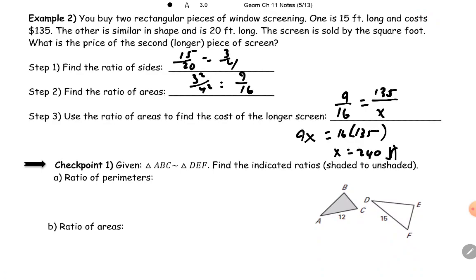Yet, anyways. Checkpoint 1. Ratio of perimeters. So we're doing shaded to unshaded. So 12 over 15. It's important that you find corresponding sides.